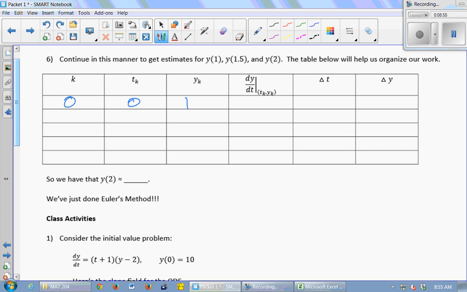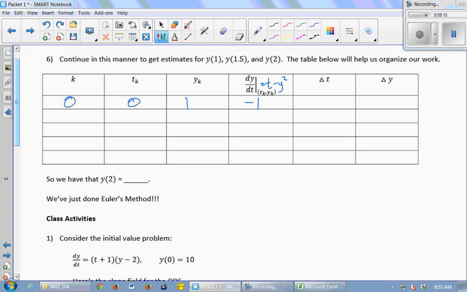That's just my initial condition that was given. y of 0 is 1. And dy dt at this point was -1.